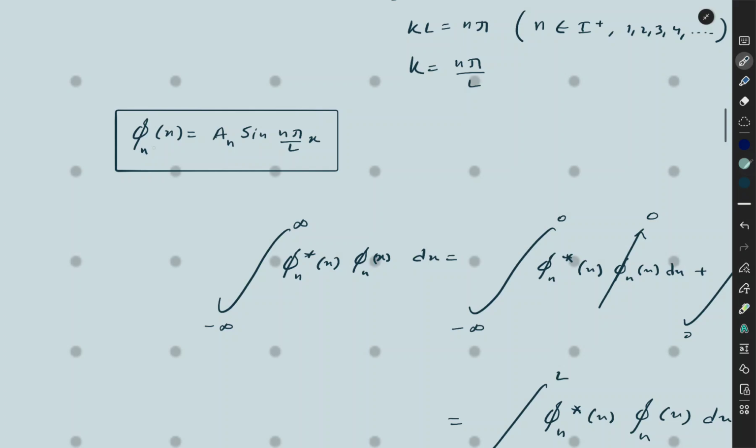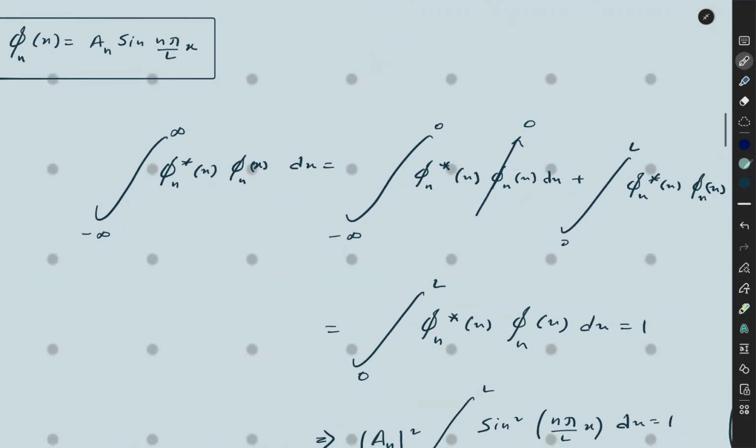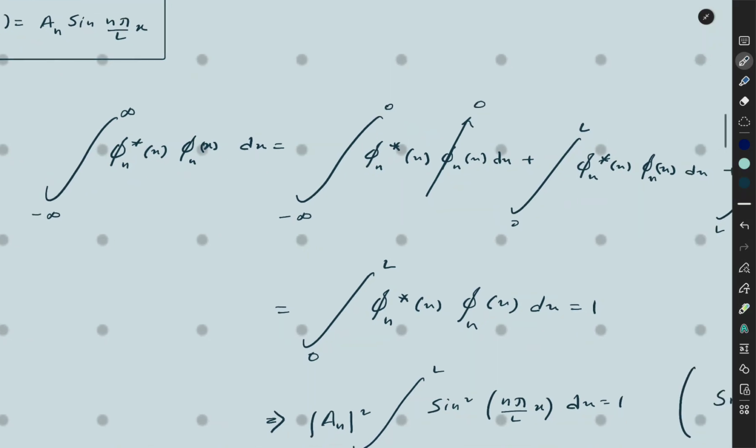Therefore we have taken phi n of x equal to A n sine n pi x by L. For every n it will correspond to a new wave function. So if we find the probability from minus infinity to infinity, we will definitely get the probability as 1.